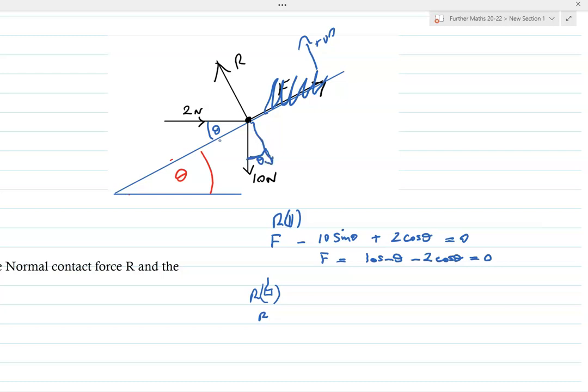Now we've marked the angle theta here, so the component is next to it, and again you should be used to seeing the component which is perpendicular to the plane for the weight as 10 cos theta. So, and again we just need to check the sign. Well, this way is positive, so this way is going negative, so that's minus 10 cos theta.